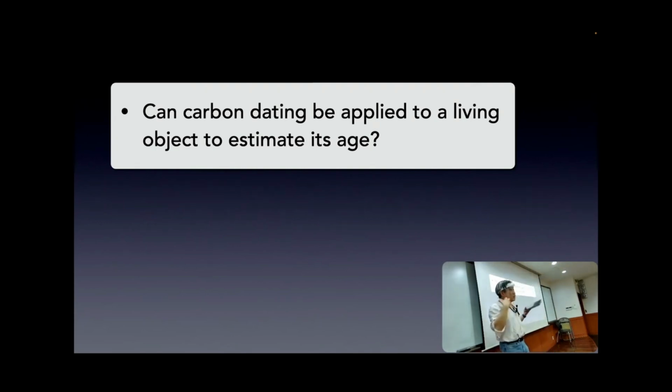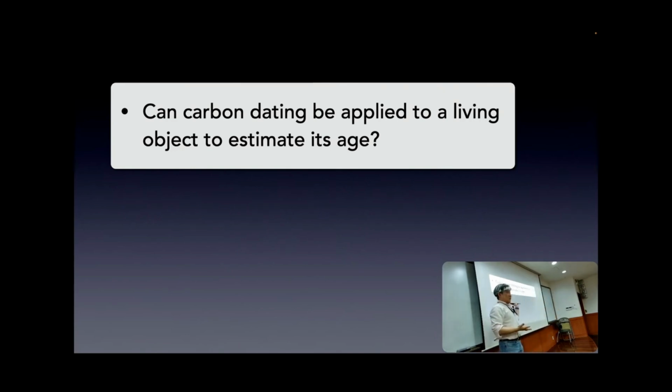While you are alive, you are constantly doing metabolism, which is what? You are exchanging all this material with the outside world. So even if you have C14 inside, this radioactive isotope will keep recycling and circulating. So there is no way you can detect it, because the C14 is not trapped inside your system.